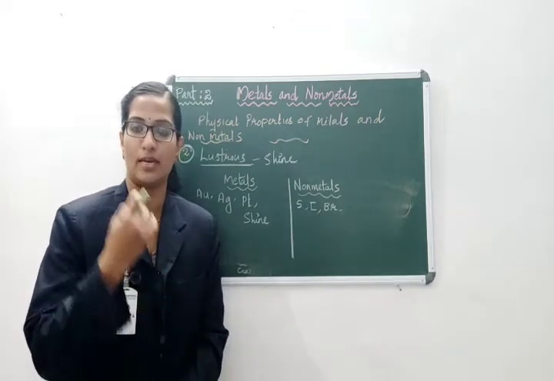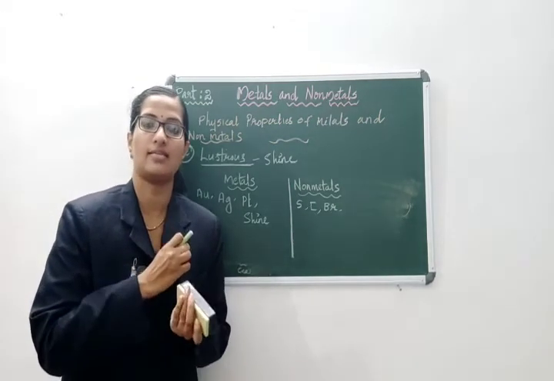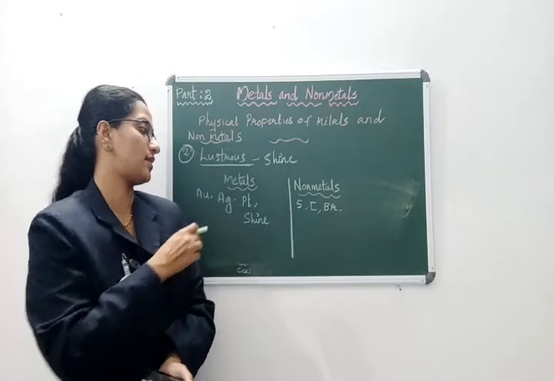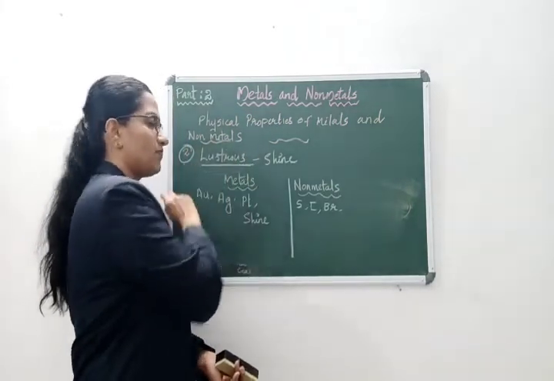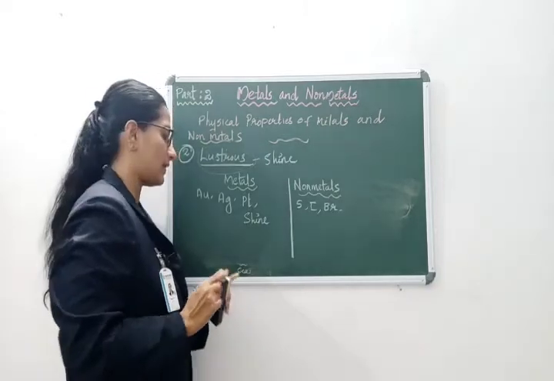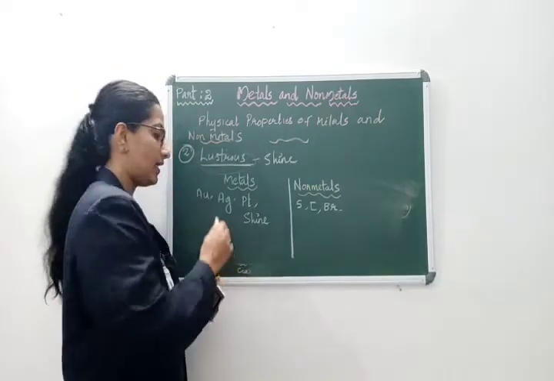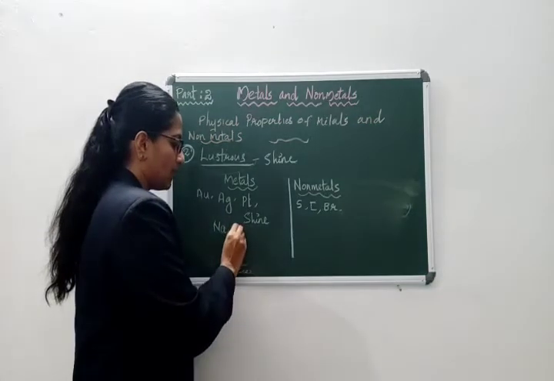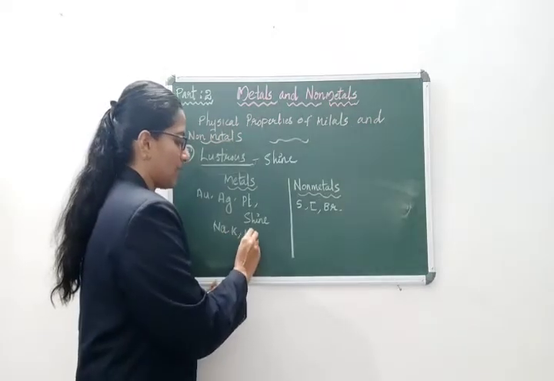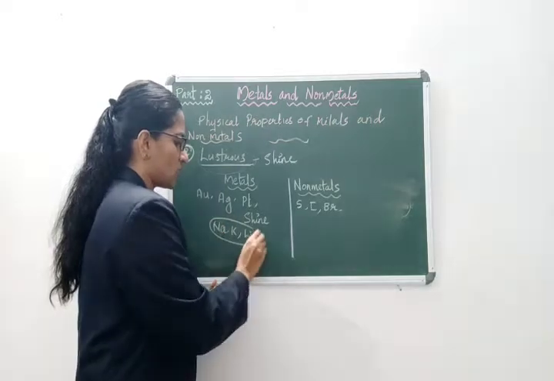That is why they are used for jewelry purposes. The chain, the necklace, such kinds of jewelry are made using these metals because they show a lustrous capacity. Still, metals like sodium, potassium, lithium, etc. are not that shiny.